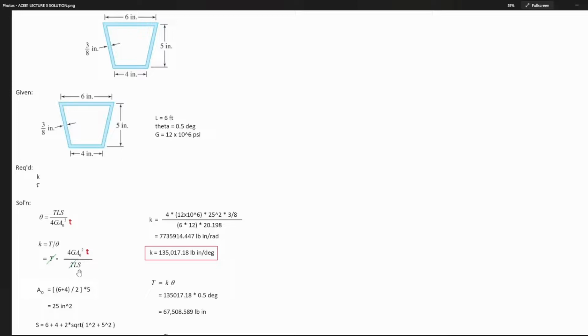Okay? Look, G is given. A0 is not given. L is given. S, guys, is the perimeter. I forgot to mention that. This is the perimeter of the center of the thin-walled tube. Alright?